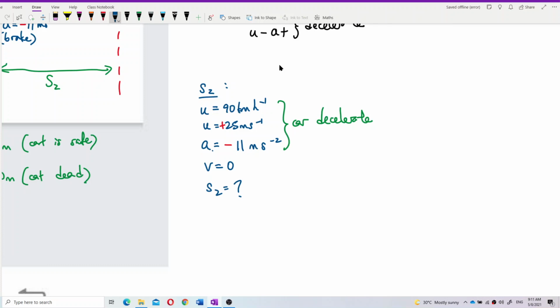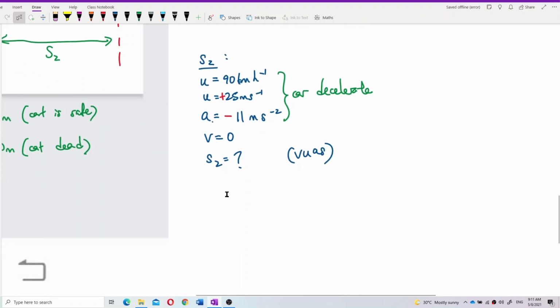So what formula connects these four? The VUAS formula. Still remember the VUAS formula? It is V squared equals U squared plus 2AS. So the final velocity is 0.